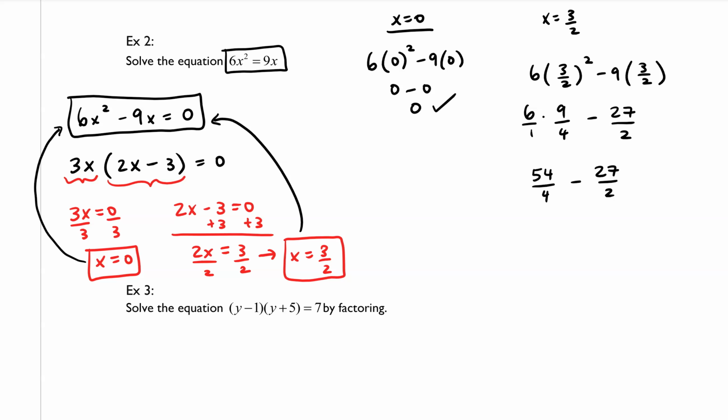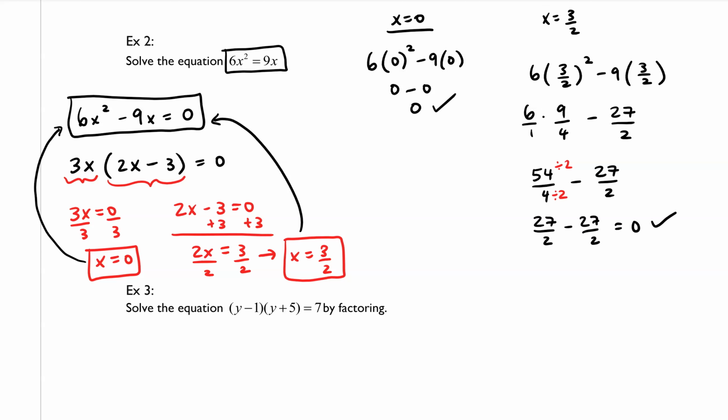Now I can reduce the first fraction. So 54 divided by 2 is 27. So all I did was I divided that by 2, and I divided that by 2. And if I did that, then that gives me 27 over 2 minus 27 over 2, and that equals 0.